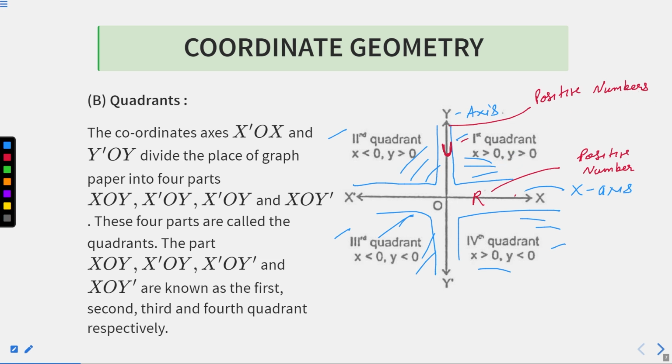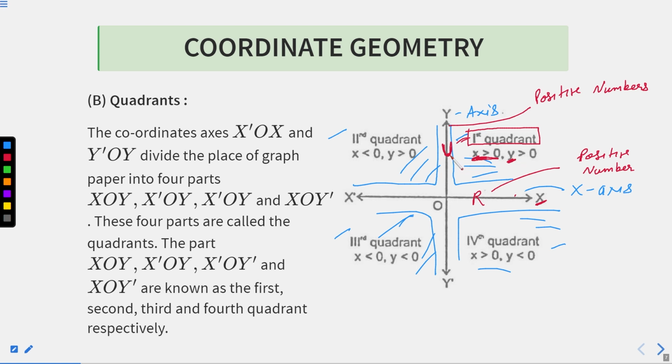So in the first quadrant, x is greater than 0, meaning x is positive, where small x is the number from the x-axis, and small y is the number from the y-axis on the upside.